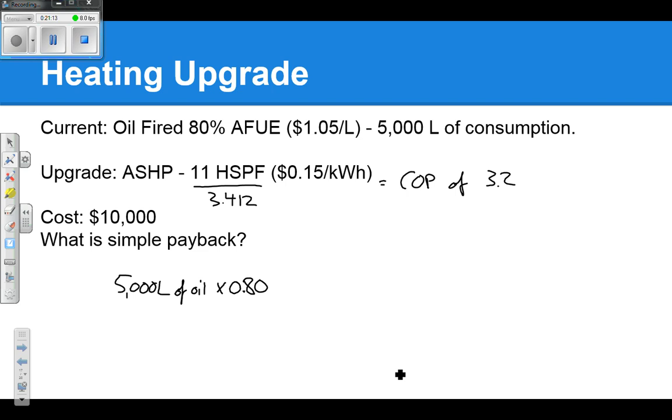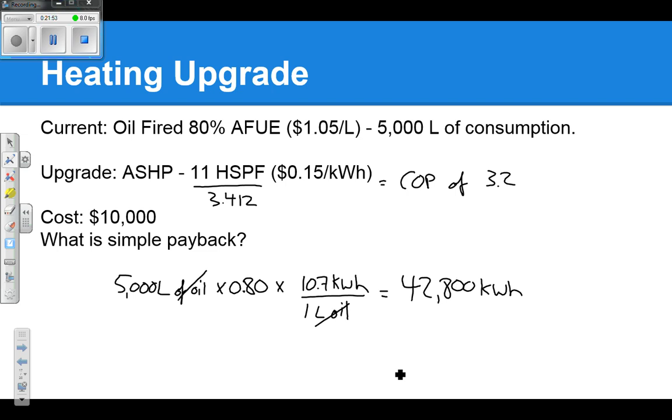The next step again would be to convert that to kilowatt hours so we can talk the same language. So 10.7 kilowatt hours over 1 liter of oil will give me how many kilowatt hours the house needs to heat it. So 5,000 times 0.8 times 10.7 is 42,800 kilowatt hours. And we can cross out some units here. Liters of oil gets crossed out, and we're left with kilowatt hours.